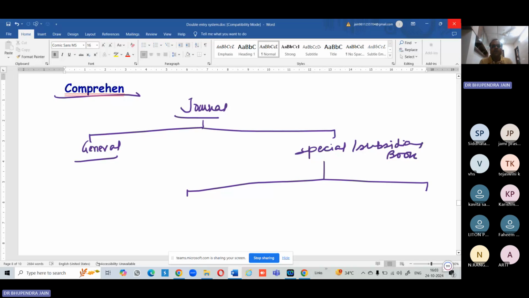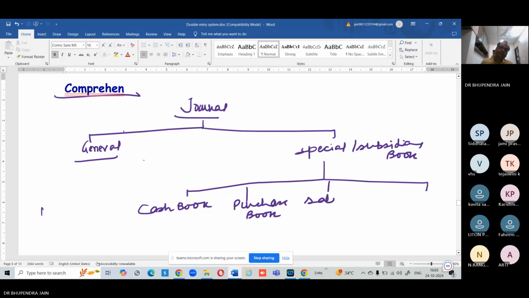So for easy understanding, the company creates a subsidiary book for every element which has huge transactions. What does the company do, beta? It prepares the cash book, purchase book, sales book, sales return book, purchase return book, etc.